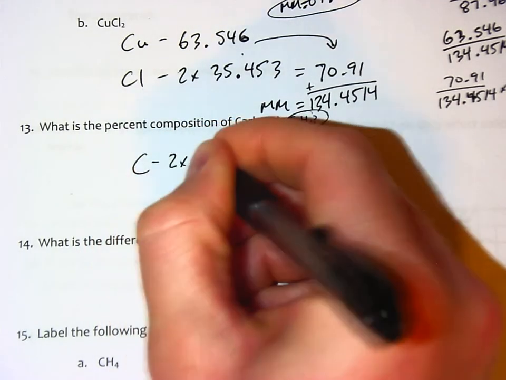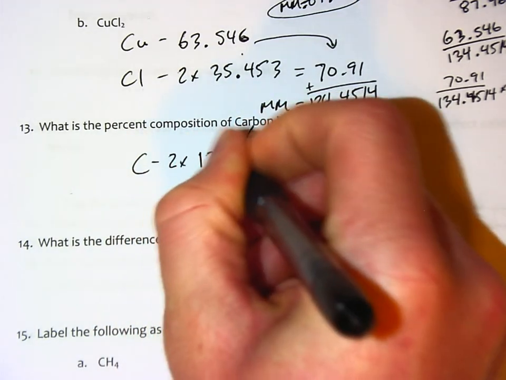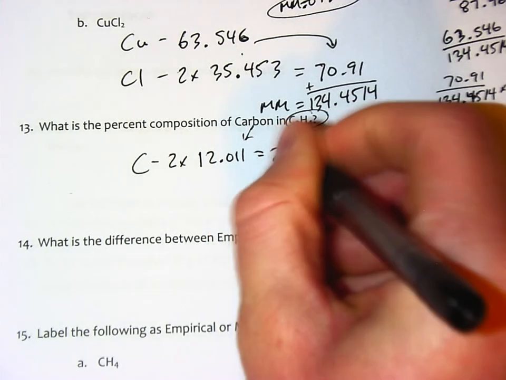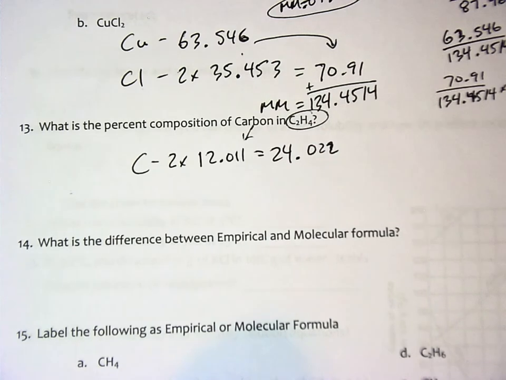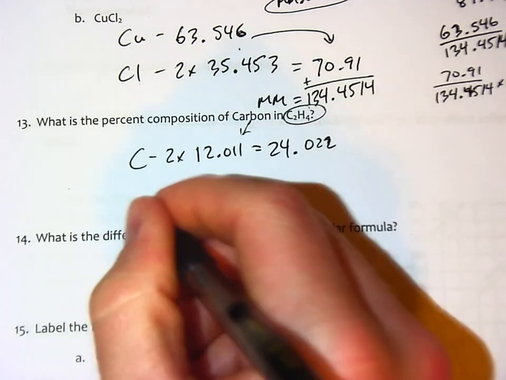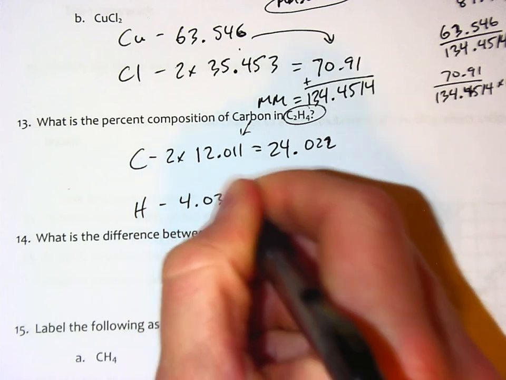Okay, so with carbon, there's 2 of them. It weighs 12.011 for 1 carbon. So when I multiply that by 2, it gives me 24.022. Okay, and then the total mass of hydrogen, I've already calculated, so to save some time, the total mass of hydrogen is going to be 4.032.